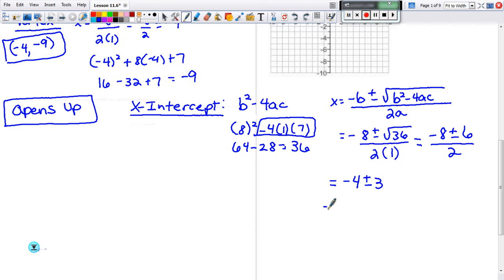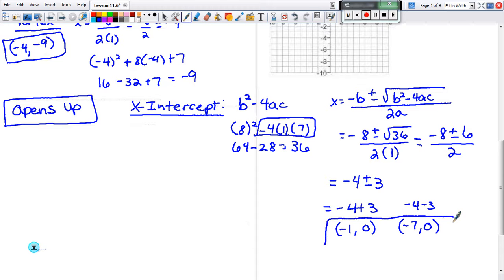So you've got, now you split them apart, negative 4 plus 3 and negative 4 minus 3. So negative 4 plus 3 is negative 1, and because they've asked you for the x-intercept, you put that with 0. And negative 4 minus 3 is negative 7, and again, because they ask you for the x-intercept, you put that with 0.